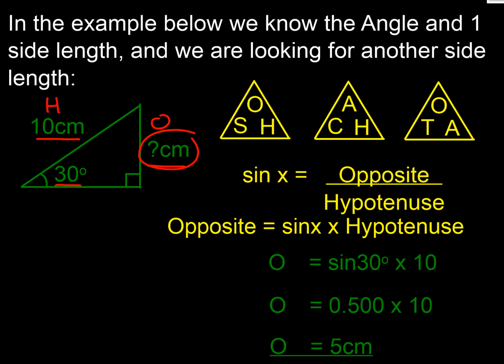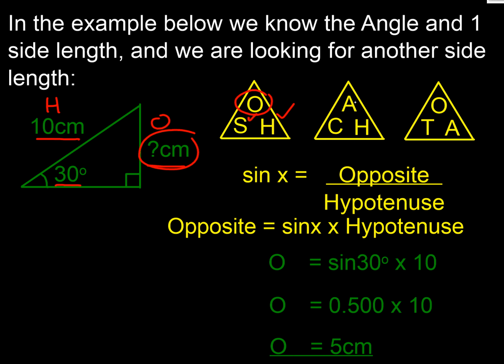So we now look at our three little trig triangles and decide which one to use. Well, we want to find the opposite, and we know the hypotenuse, plus we know the angle, so we know what the sine is. So we know 2 out of 3 on that sine one, so we could use it.